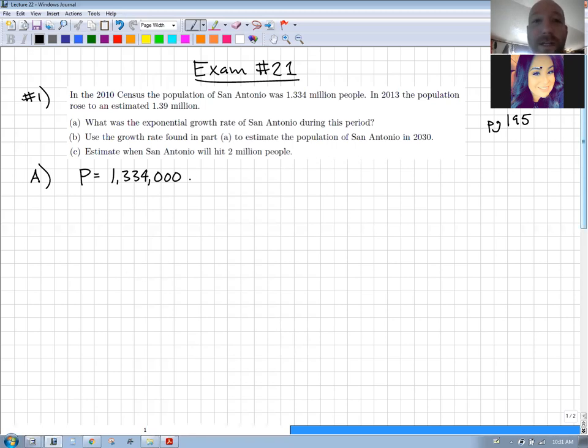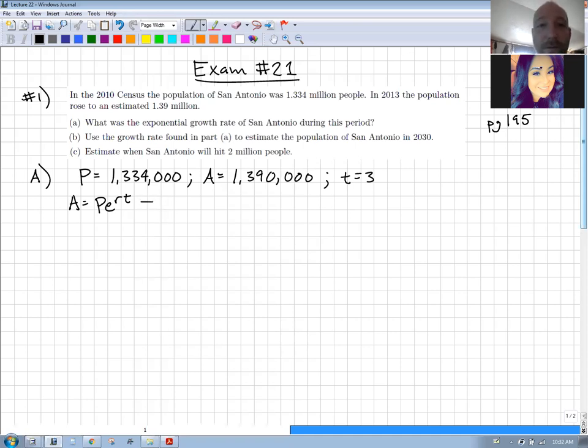Then 3 years later, the amount is 1.39 million, and the time is 3 years. Since populations grow continuously, we're using this formula. So we need to find the growth rate, R.